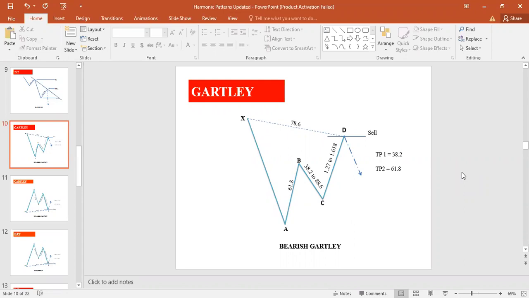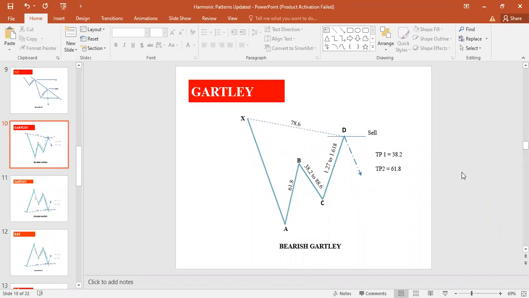A continuation pattern simply means that price was previously going up, for instance, then made a retracement and wants to continue up. That's a continuation pattern.